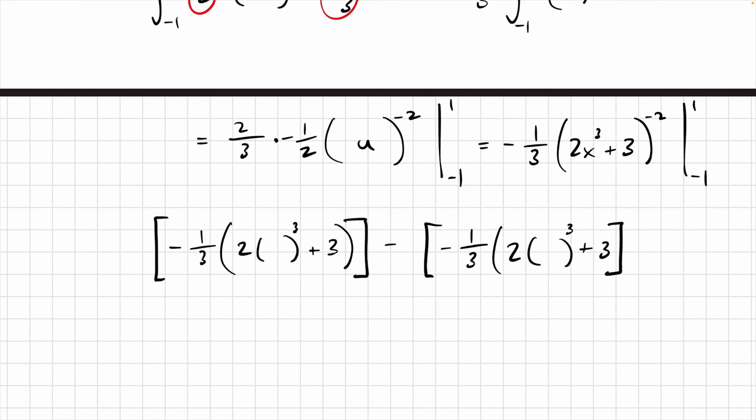Okay, I got a 1 and a negative 1. Plug in the top bound. Top bound is 1. Bottom bound is negative 1.